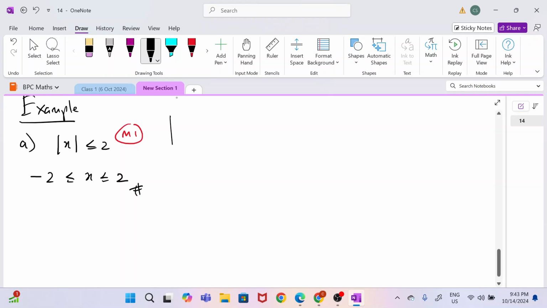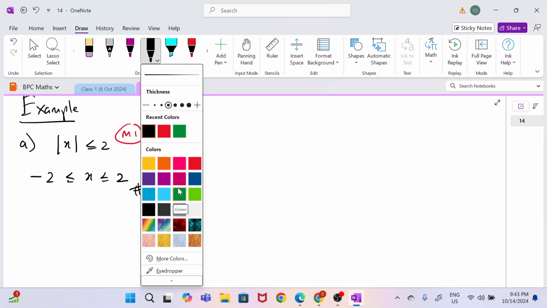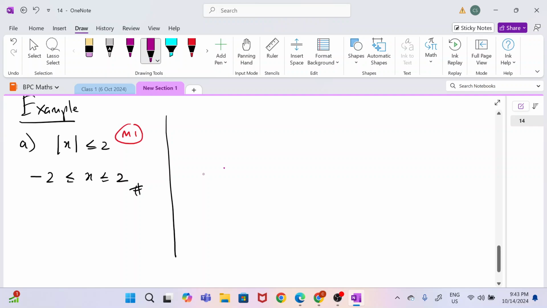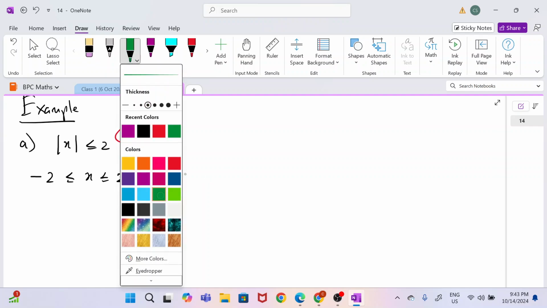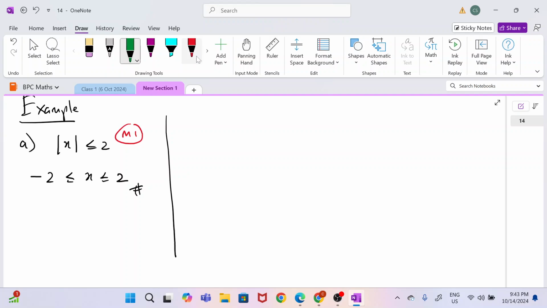But I will show you another method also. Another method is you square both sides. Remember, when you square, this is method 2.